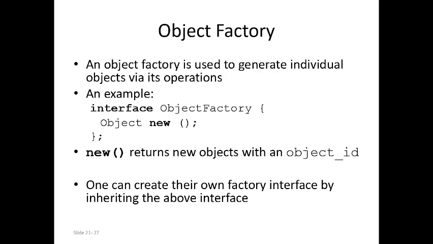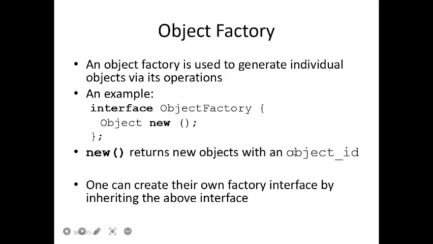The interface ObjectFactory is an example of a factory object. This has a single operation, new, which returns a new object with an object identifier.